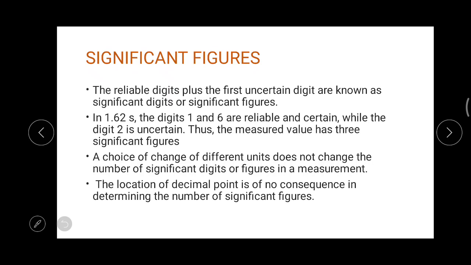Suppose 1.621 is given, 1.6 1 and 6 are certain and 2 is the uncertain number, so in 1.621 there are only 3 significant figures. Let us come to the rules first.